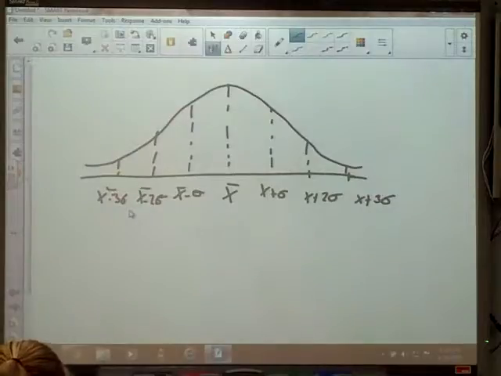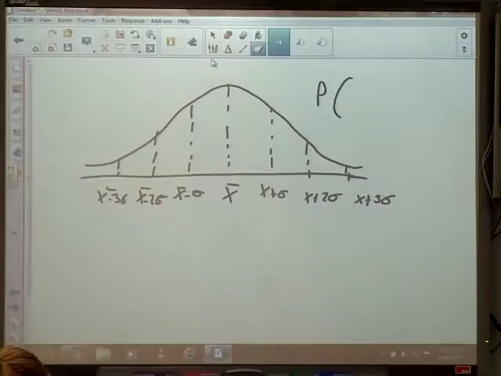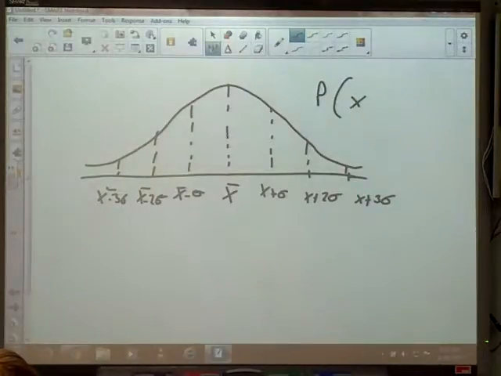If I've got this, it says a normal distribution has a mean and a standard deviation. An x value is randomly selected. Find the probability that my mean minus 2 standard deviations is less than or equal to x, and x is less than or equal to my mean.